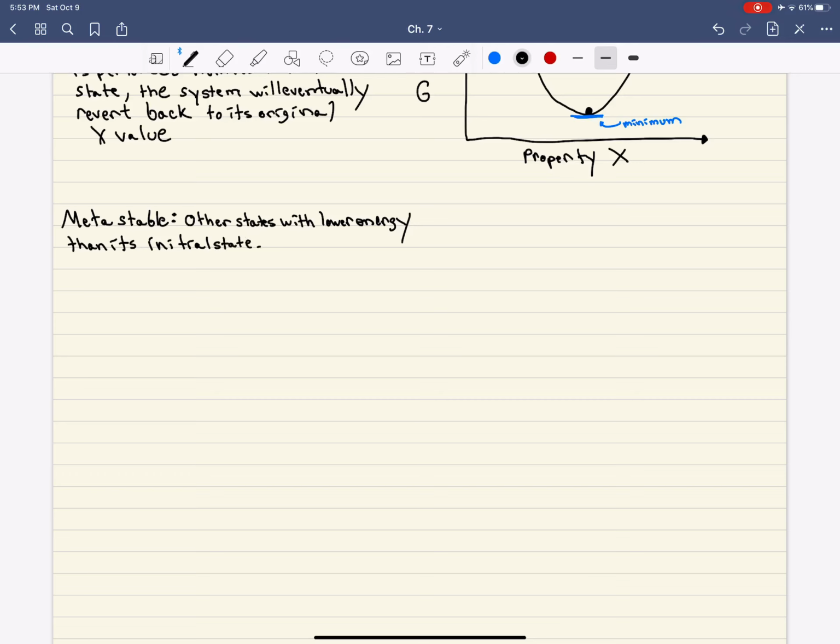And if the system is perturbed, it returns to its original position if those changes in property X are very small, small compared to what we call an energy barrier.